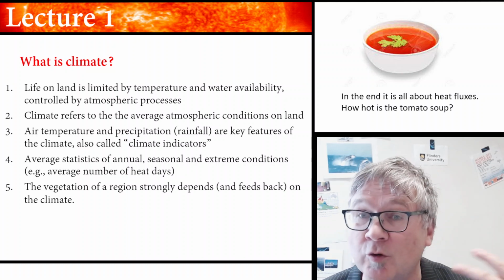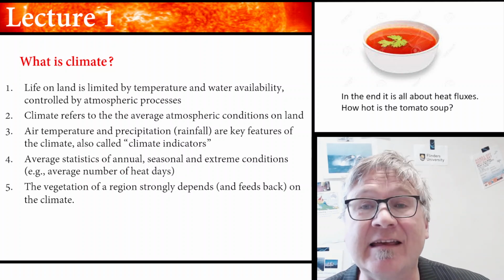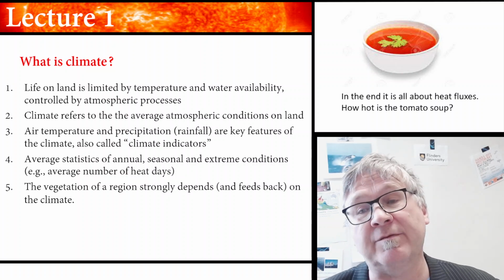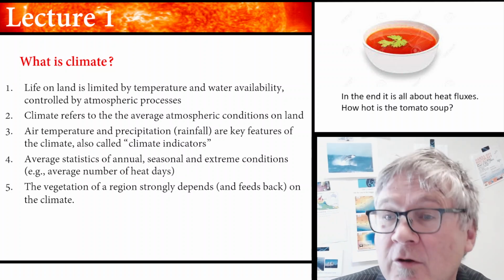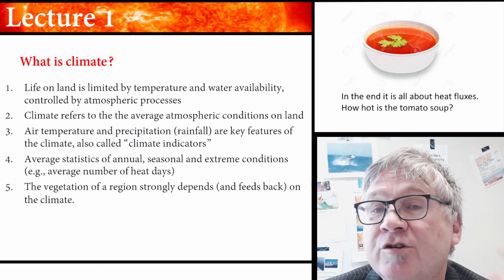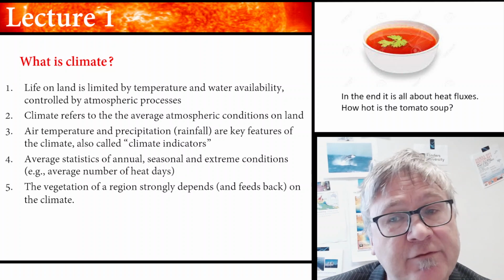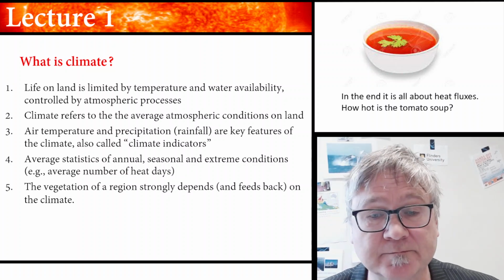This is what controls the entire life cycles, dynamics on Earth. That's the only reason why I included that little picture of a tomato soup. I might be a little bit hungry too. So how hot is this tomato soup? And if you heat it up from below, indeed, it will get warmer.